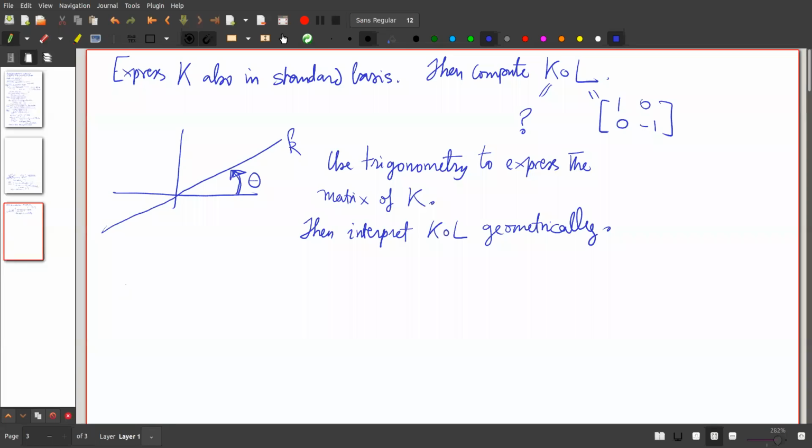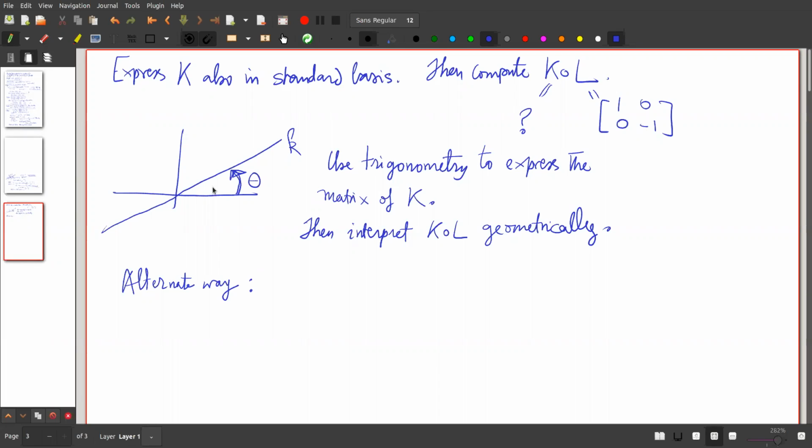So here is an alternate way of solving the problem. Yes, is there a comment or a question? Yes, we use cos theta, sin theta in the first row, minus sin theta and cos theta in another row.